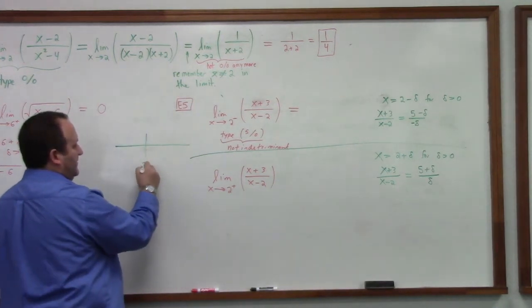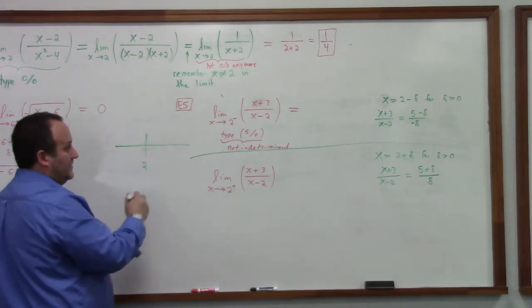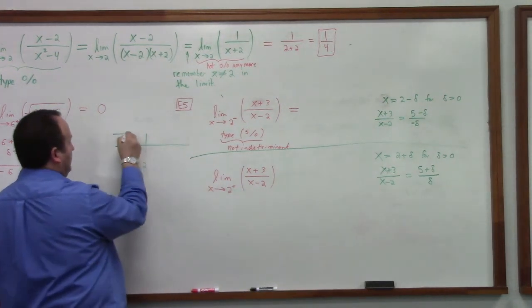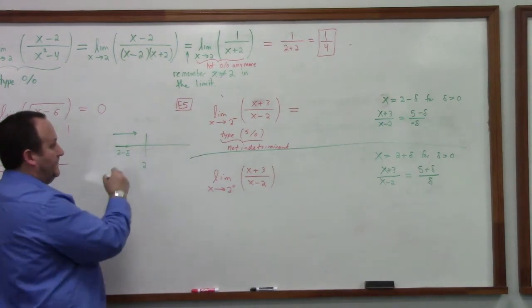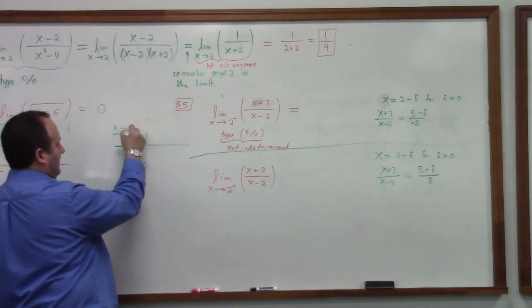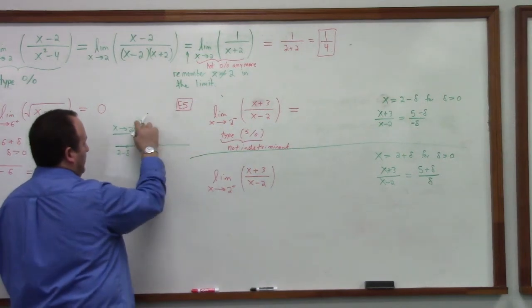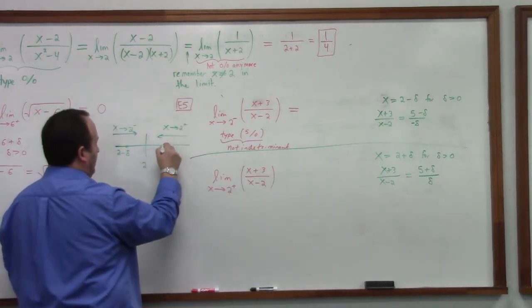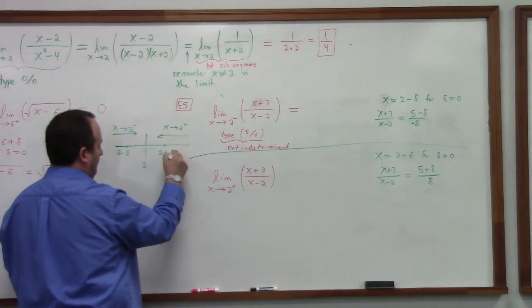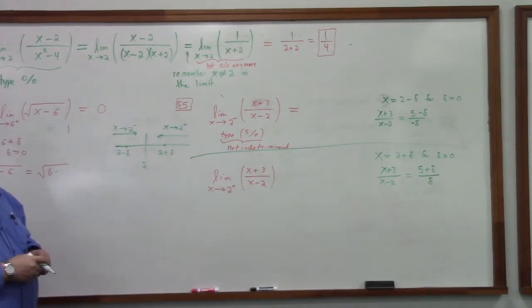If this is the limit point 2, and we're approaching 2 from the left, we've got a point like 2 minus delta. On the other hand, if we're approaching 2 from the right, we've got a point like 2 plus delta. And so if I want to understand how those limits behave, I can consider such points for delta very small.